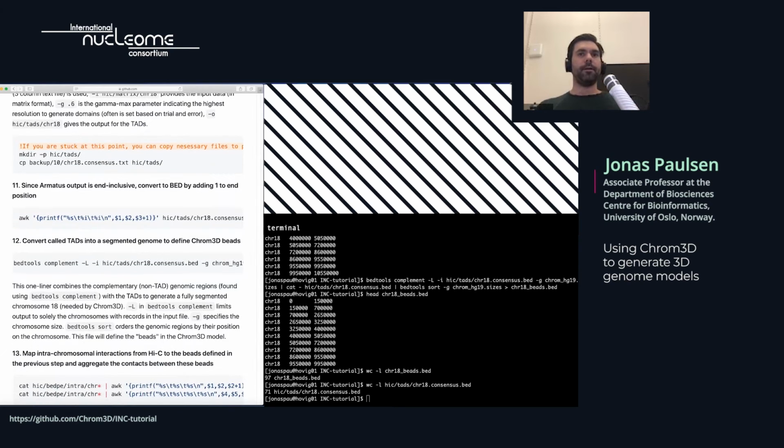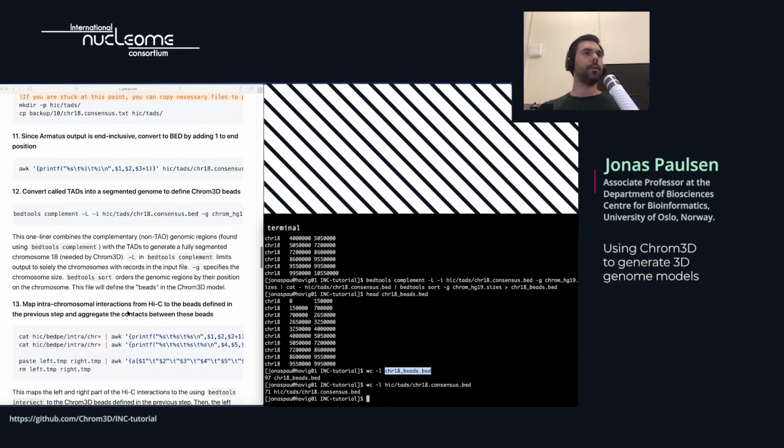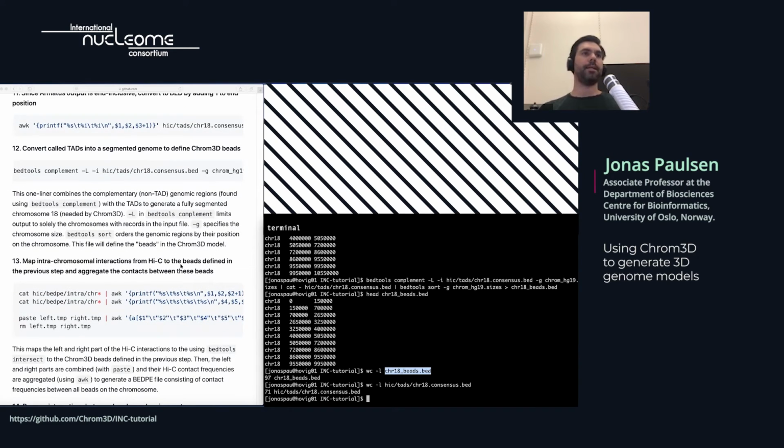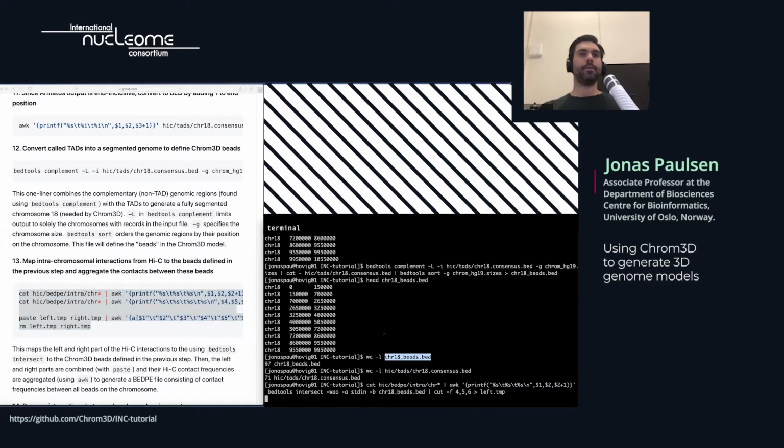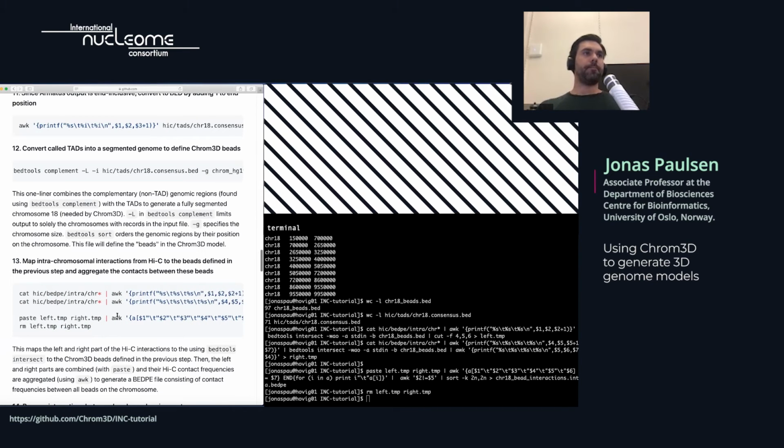Right, so now that we have the beads defined in this chromosome 18_beads.bed, we are now able to map the Hi-C data to the beads, allowing us to count how many interactions we see between the beads that we have defined. And that's what we're going to do in step number 13. So I'll ask you now to copy this under step 13 and execute it. What this step does is take the interactions in BED-PE format that we generated earlier.